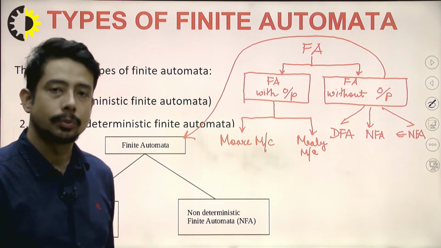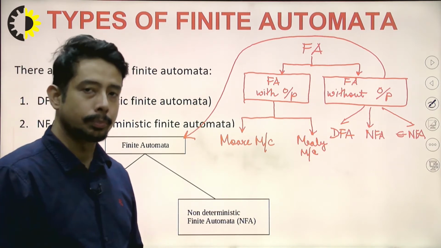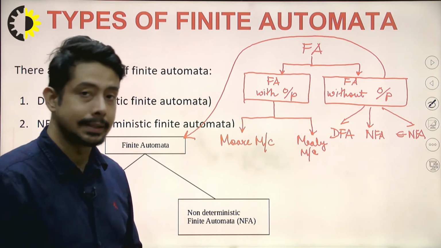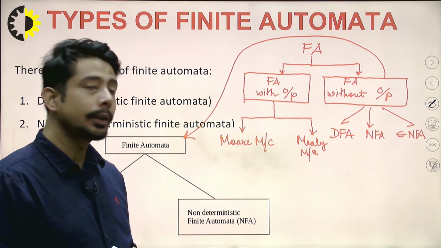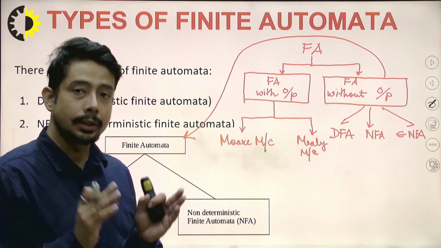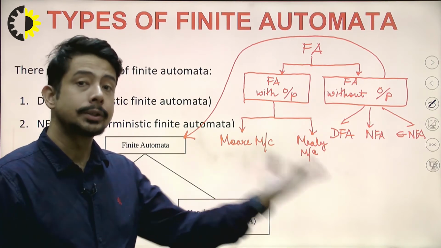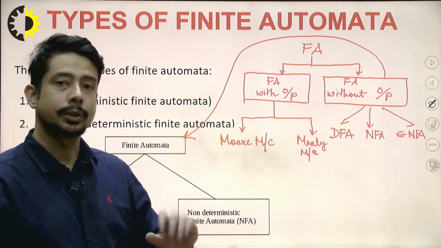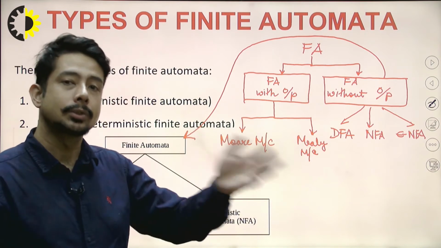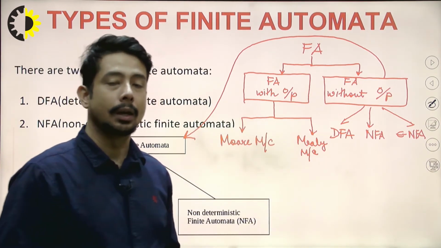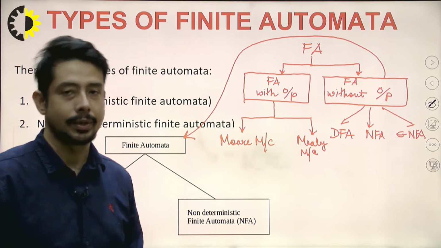Okay. Without output means we are not concentrating on the output part, we are rather concentrating on the final state or accepting state. But in the case of finite automata with output, we are not concentrating on the accepting or rejecting states, rather we are concentrating on the output which is associated with states or maybe which is associated with the transitions. That I will let you know which one is associated with state and which one is associated with the transitions.